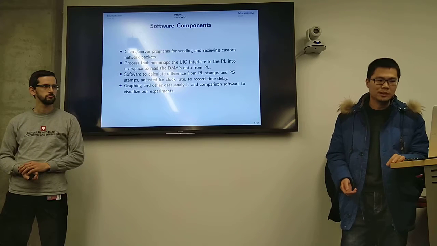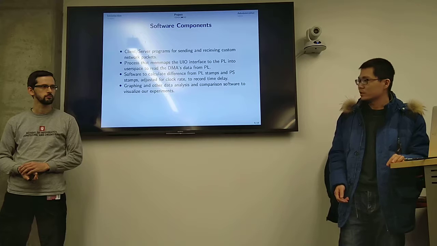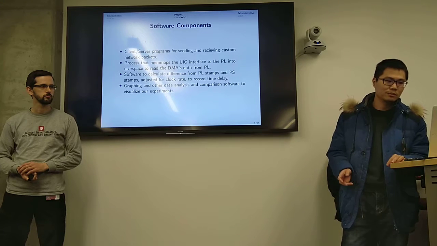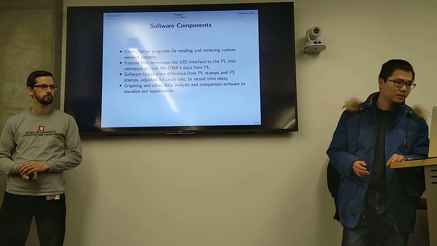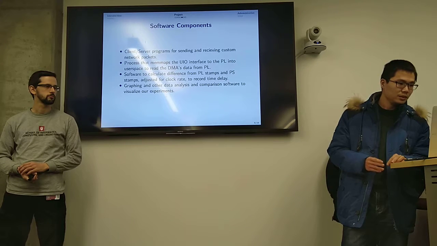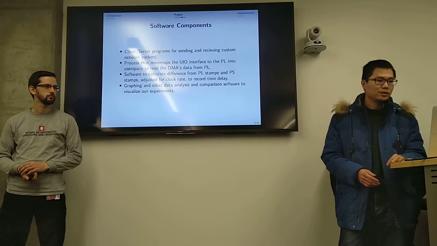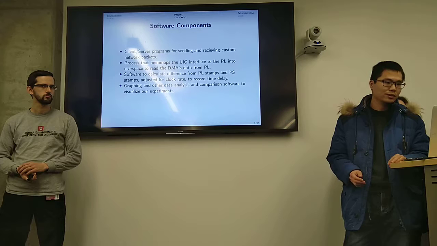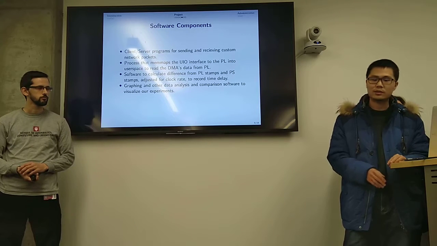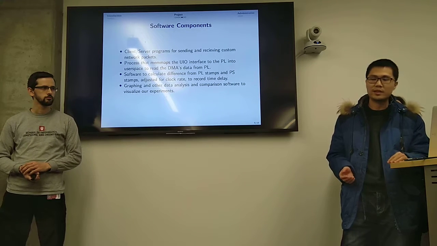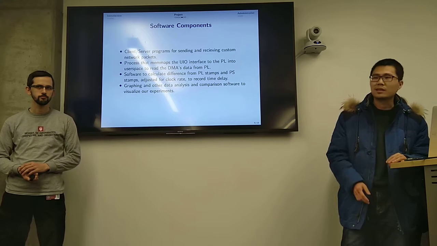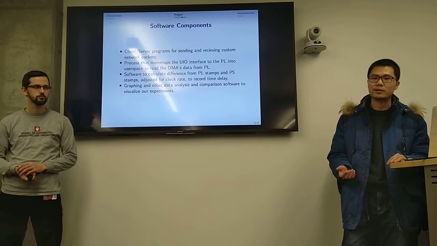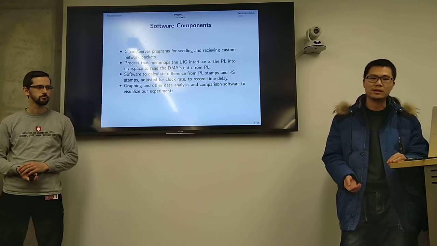The second one is we are going to write a program to use HDR to process the stamp in the UIO interface to the PL into the user space to read the DMA data. And finally we are going to develop a program to automatically collect data for analysis purposes.